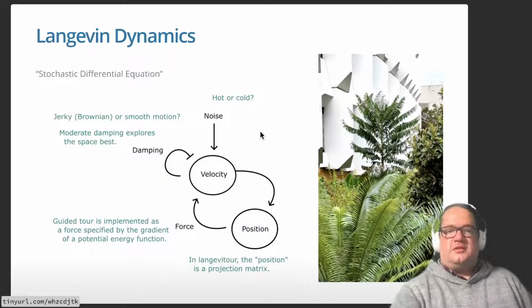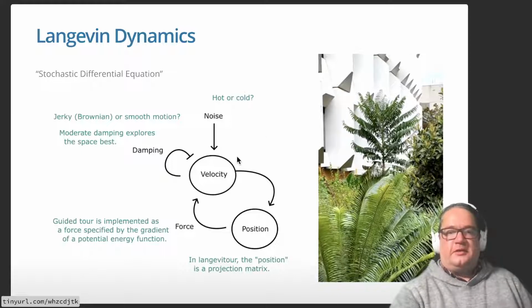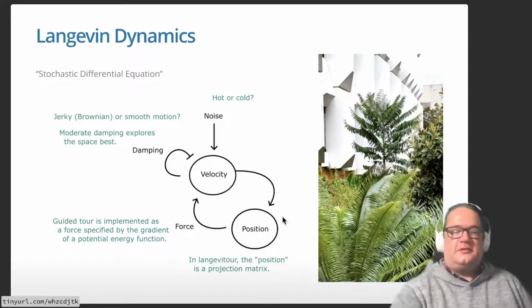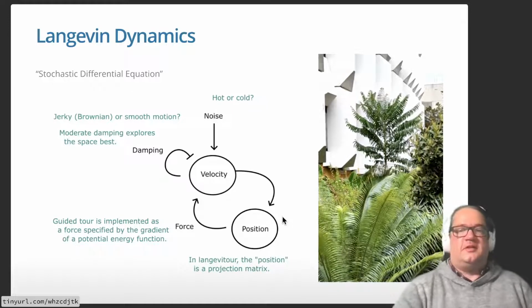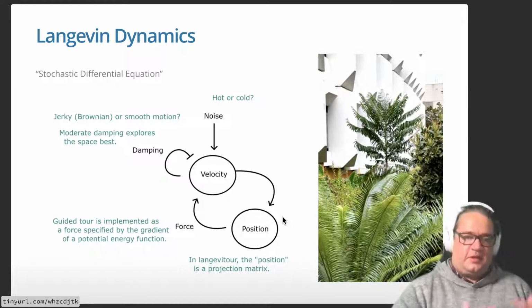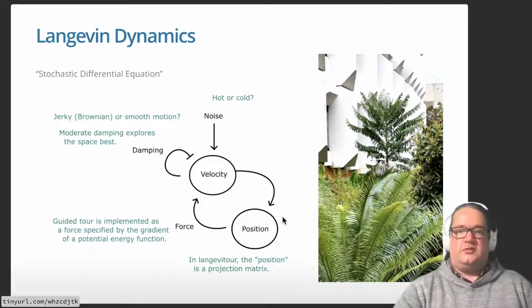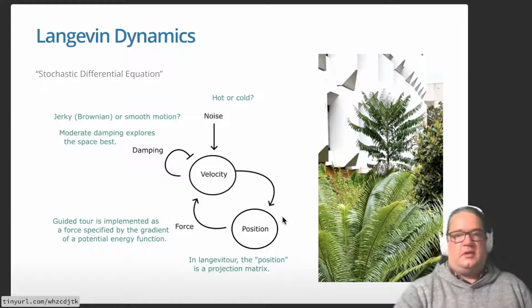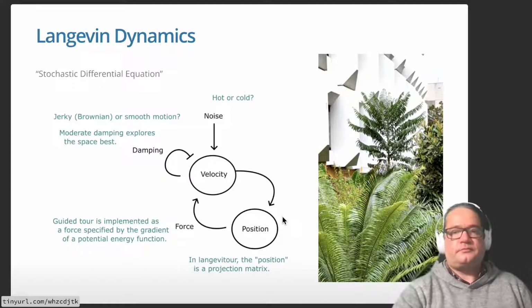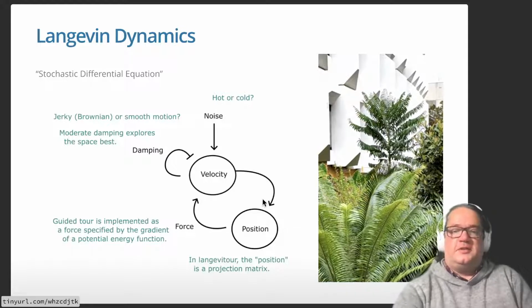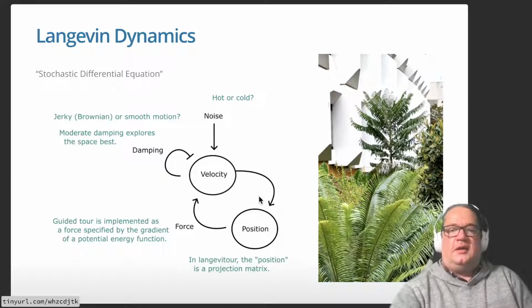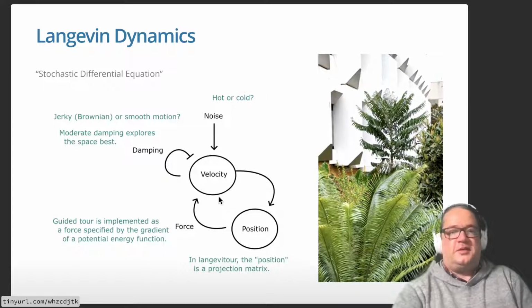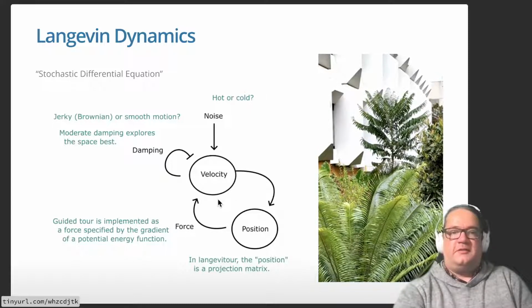The state of the system consists of a velocity vector and a position vector. In this case, the position vector represents a particular projection matrix, which we'll use to display our high-dimensional dataset. And so the position is changing based on the velocity, and then the velocity is being updated by various things.